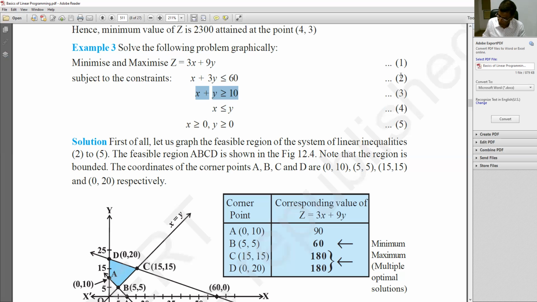And when y is equal to 0, x is equal to 10, so the point is 10, 0.